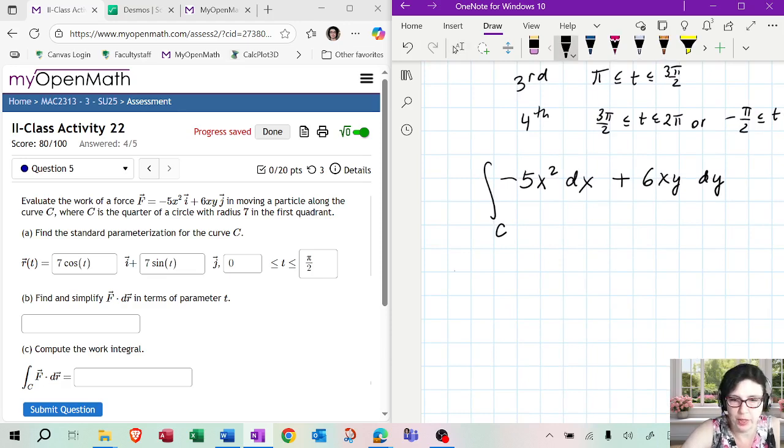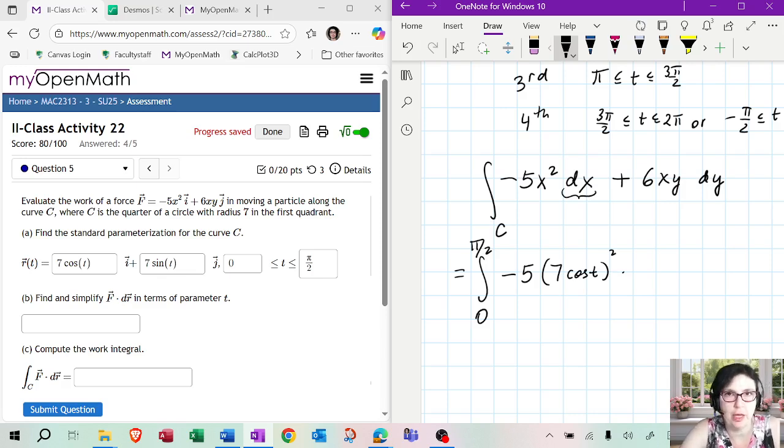Let's substitute everything we know, and we're switching to a regular definite integral. This is going to be 0 to pi over 2. Negative 5, and instead of x we put 7 cosine t and square it. Now remember, dx is not just dt.